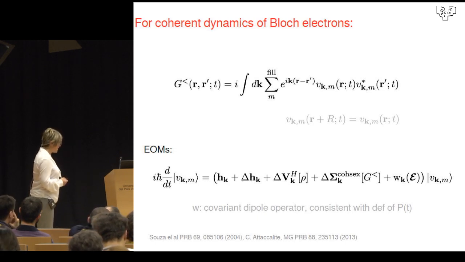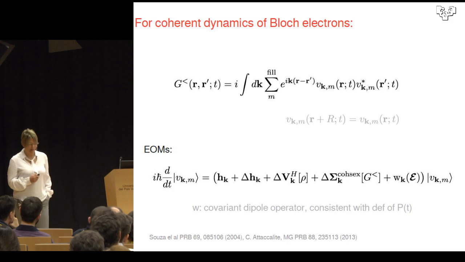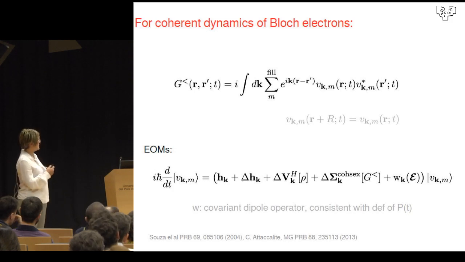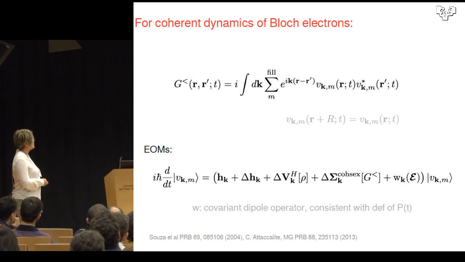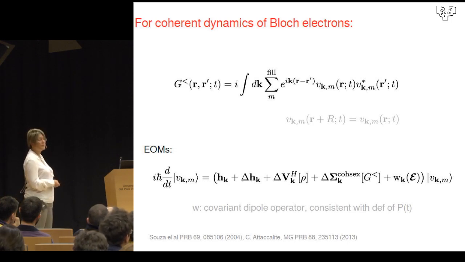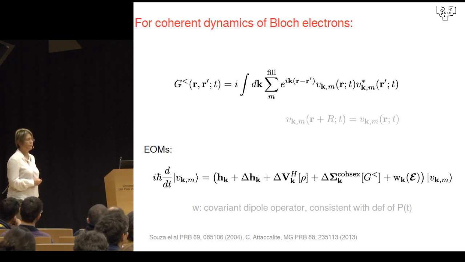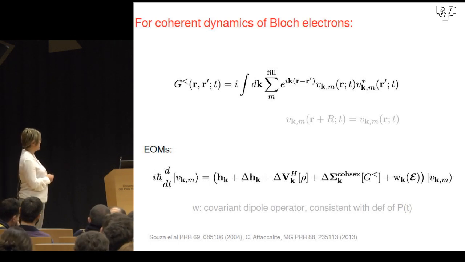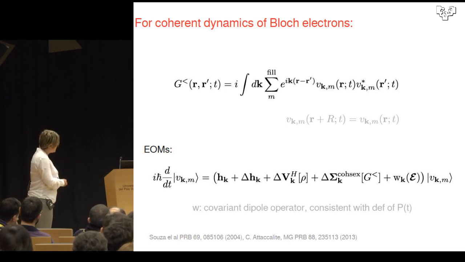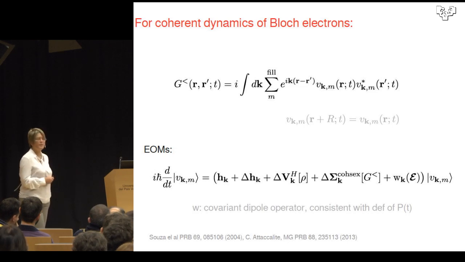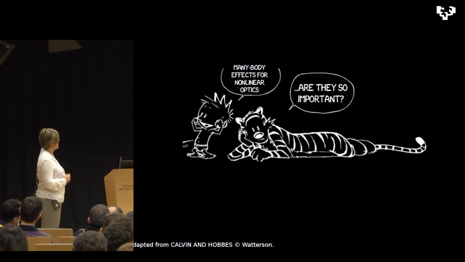Here, this is just the dipole interaction between the system and the field, and it's not the normal dipole operator that you would expect. It's the covariant dipole operator, which is consistent with the definition for the polarization that I've shown you before. If you want to see how this is calculated, it's basically with finite differences. You can look at the paper.